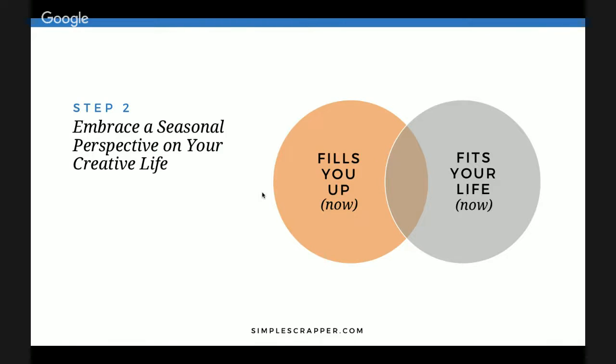And that may change again 3 months in the future. You have different stories to tell, different products in front of you, different time commitments on your calendar. So when you look in this time frame, you're better able to select projects that fit squarely at the intersection of those. And those are the projects that are really going to make you happy and feel continuously excited about your hobby.